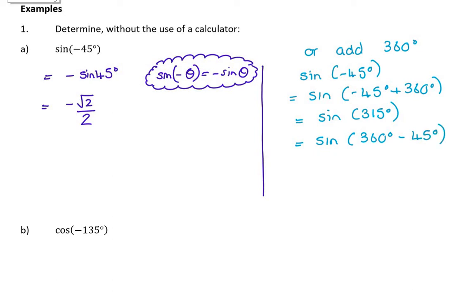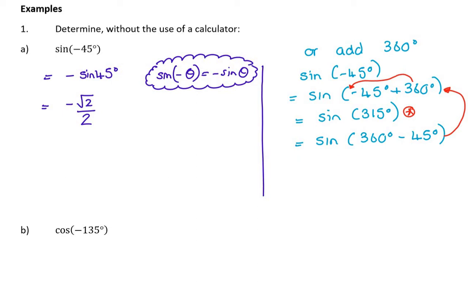Now let's just pause here. Is that not exactly the same as that line there? So in future, instead of actually doing it that way, why don't I write my 360 degrees first, minus 45, and then go straight to reduction? Then I can skip out the step of going down to sine 315 and then going back to my reduction.